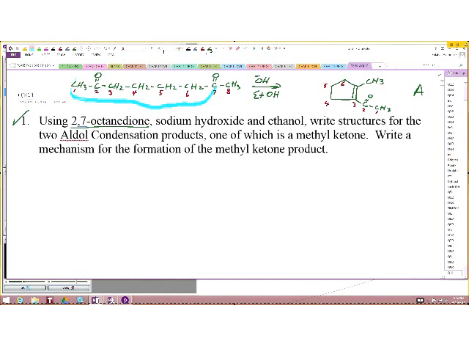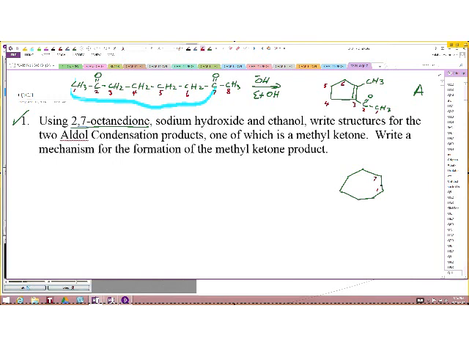Okay, so let us do that. We are joining now 1 and 7. So if we say this is 1 right here, therefore this must be 7 right here.